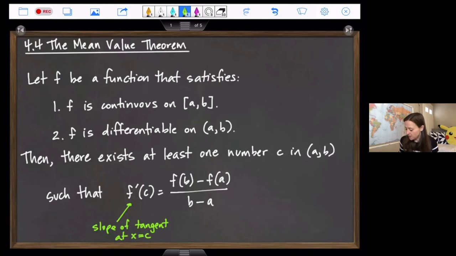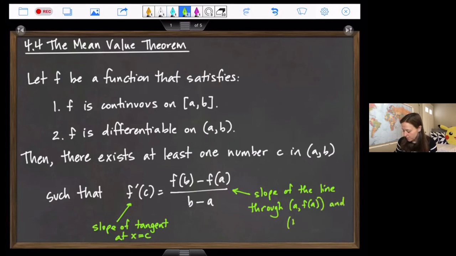And then this over here, f of b minus f of a over b minus a, that's the y2 minus y1 over x2 minus x1, rise over run slope calculation between A and B. So this is the slope of the line through the points at A and B. So that's going to be the point A, comma, whatever the y coordinate is there, and B, comma, whatever the y coordinate is there.